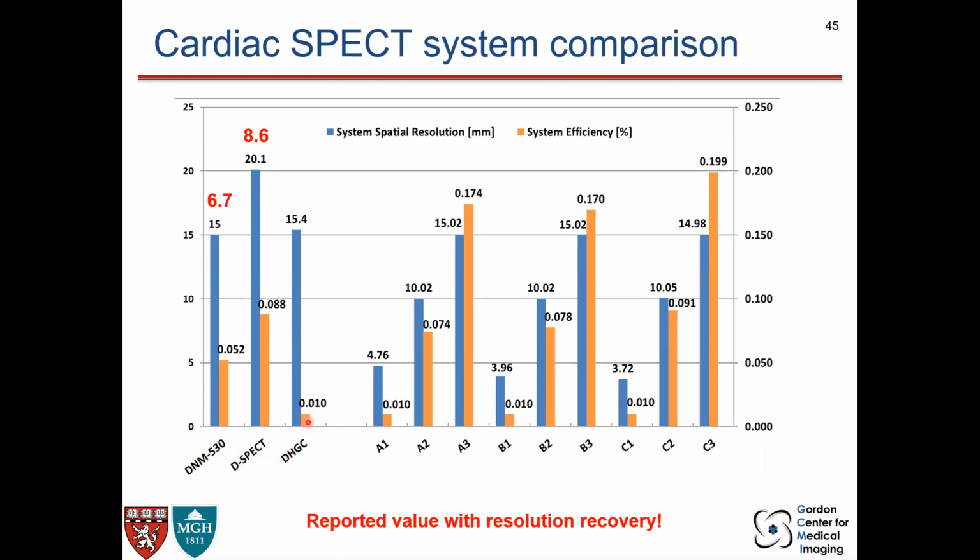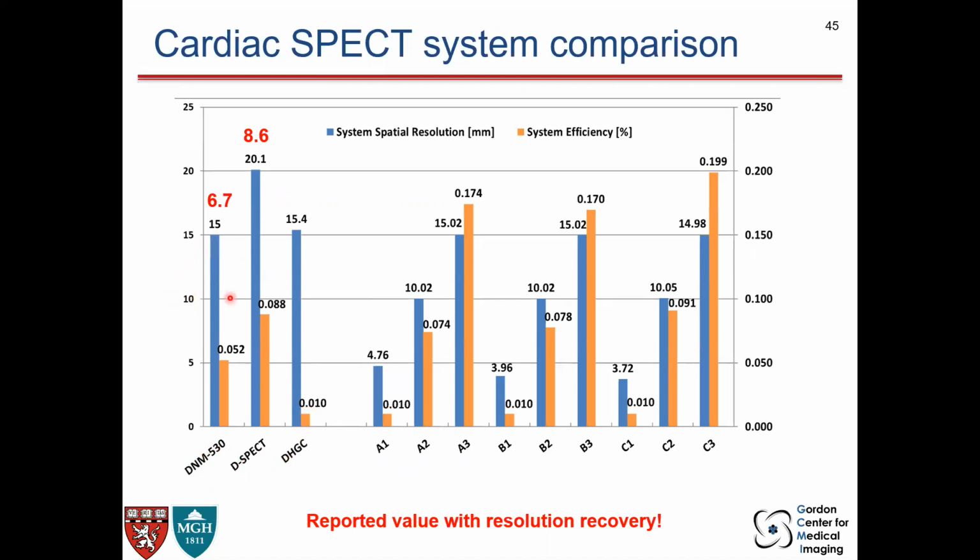You see, the orange one is system sensitivity, and this is resolution. So remember that the resolution of the newer systems is actually improved by resolution recovery. So you're applying resolution recovery, point spread function modeling, in your reconstruction, but you're increasing your noise, reducing the signal to noise ratio.